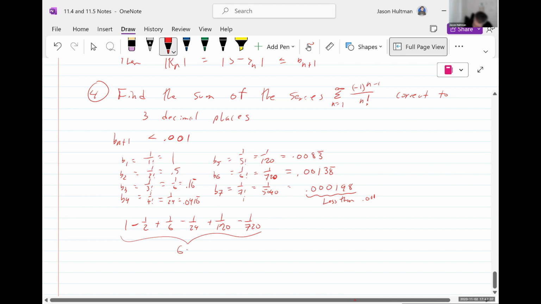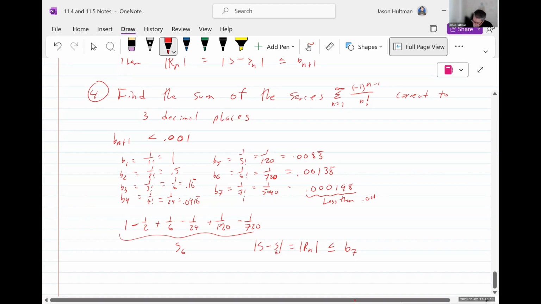We want S sub 6, right? We're only allowed to go to S sub 6, because S minus S sub 6 is going to be equal to my remainder, which is less than b_{n+1}, which is b7.